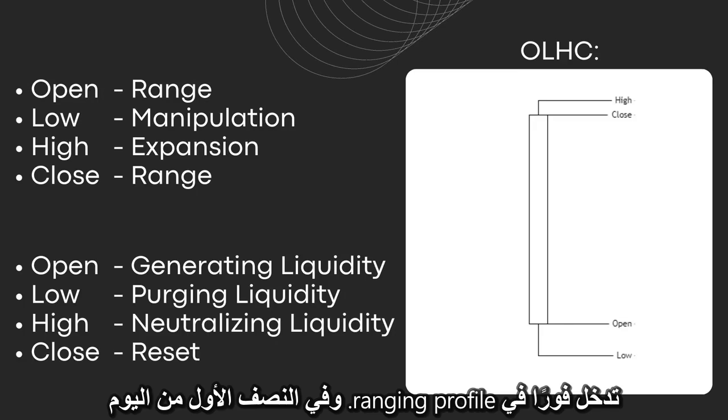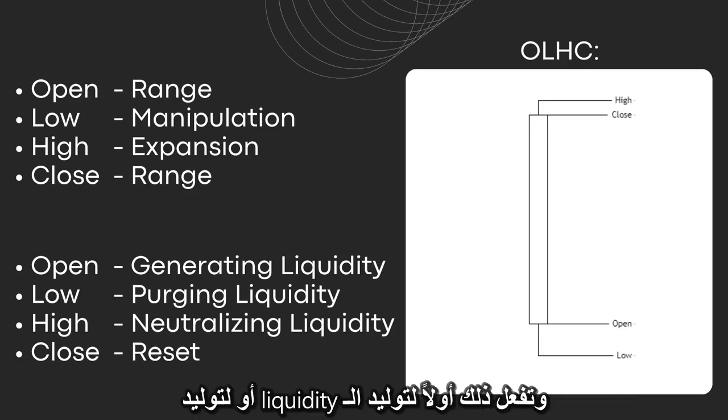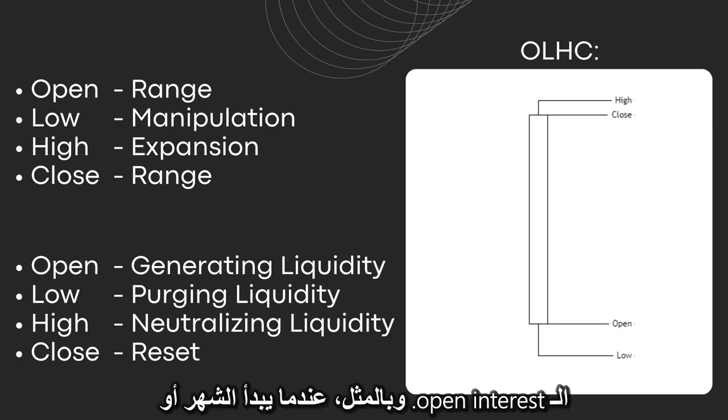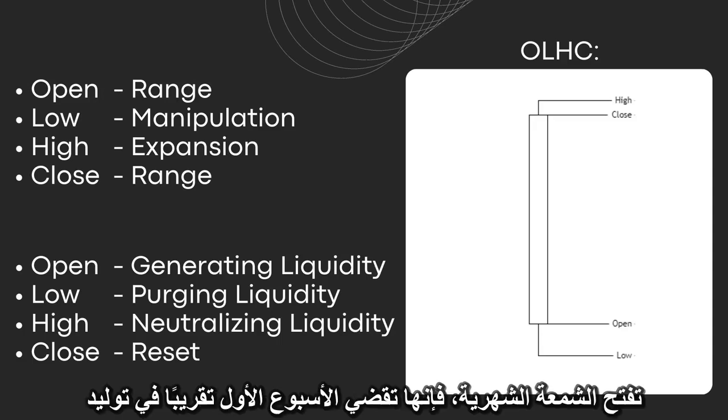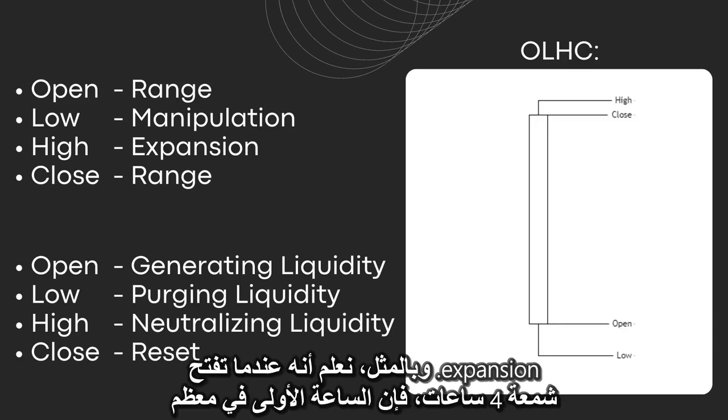And for the first half of the day or the first quarter of the day, it literally ranges, and it does that to generate liquidity or open interest, right? Similarly, when the month starts or the monthly candle opens, it spends about the first week generating liquidity for the rest of the month for monthly range expansion.